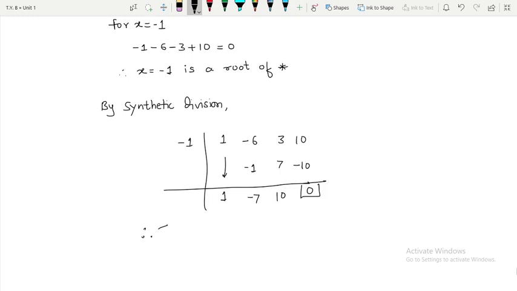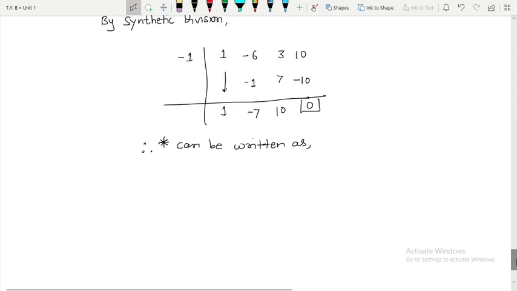Therefore star can be written as, so how can you write it? Now note, since minus 1 is a root, what will be a factor of star? It will be x plus 1, right? So when minus 1 is a root, the factor is x plus 1. If 1 is a root, then the factor will be x minus 1 in this way.